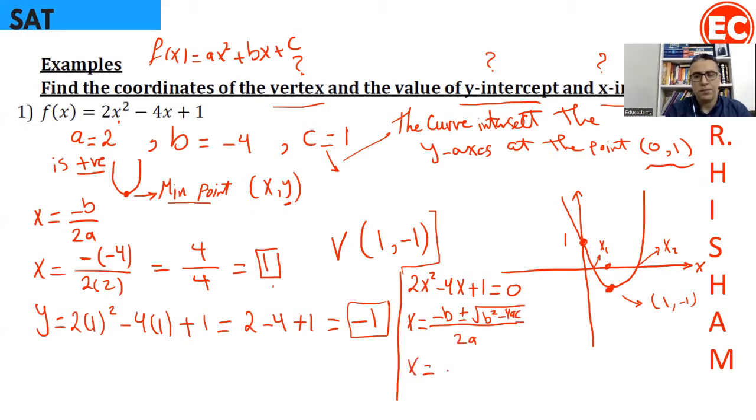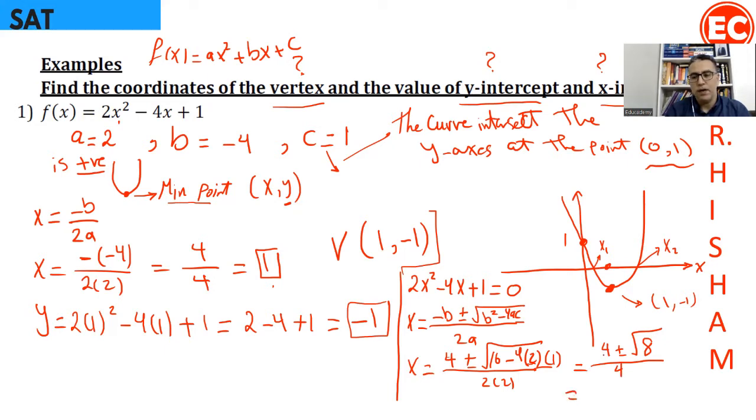So x is equal to negative b, which is positive 4, plus or minus root of b squared, which is negative 4 squared, 16, minus 4 by 2, which is a, by c, which is 1, divided by 2 by 2. So it's 4 plus or minus root of 4 by 2 is 8, 16 minus 8 is 8, divided by 4.